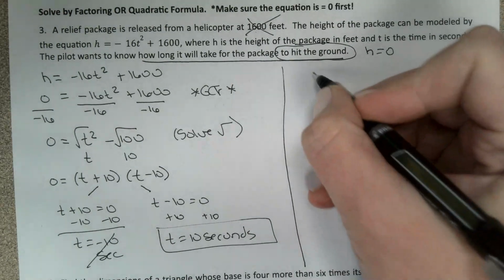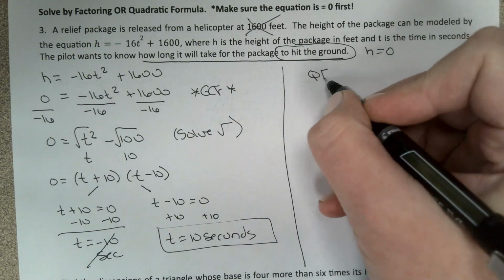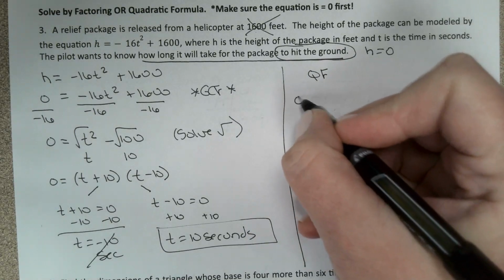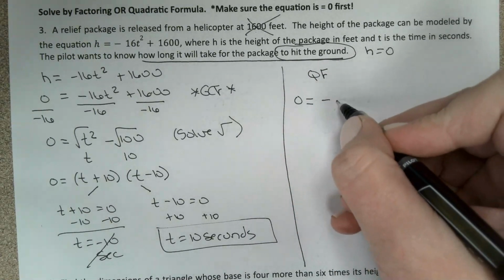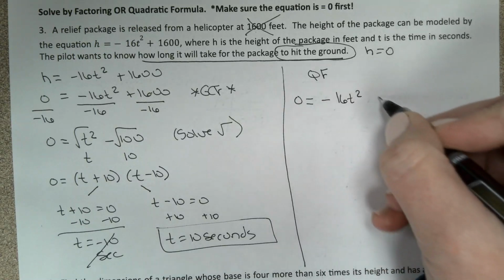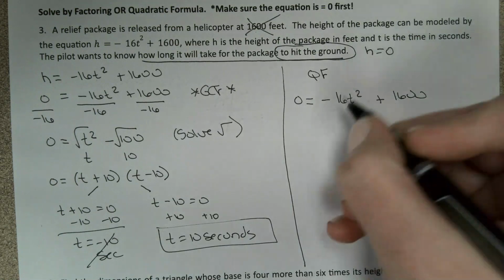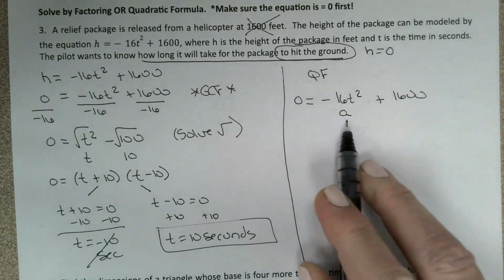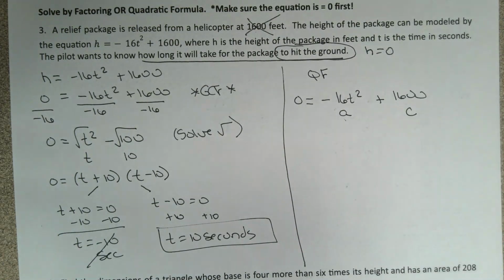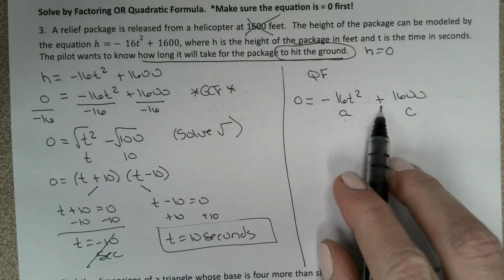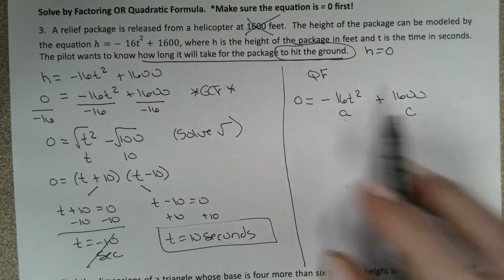You could also solve this one using the quadratic formula. However, let me say one thing about this. I have negative 16t squared plus 1600. When this starts out, that is your A term and that is your C term. I'm missing the middle B term, the one with a plain old t.